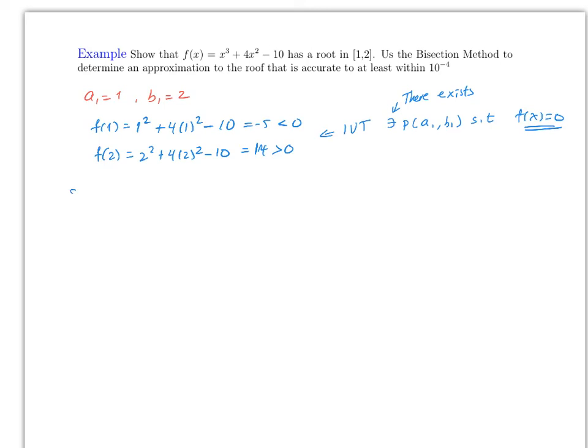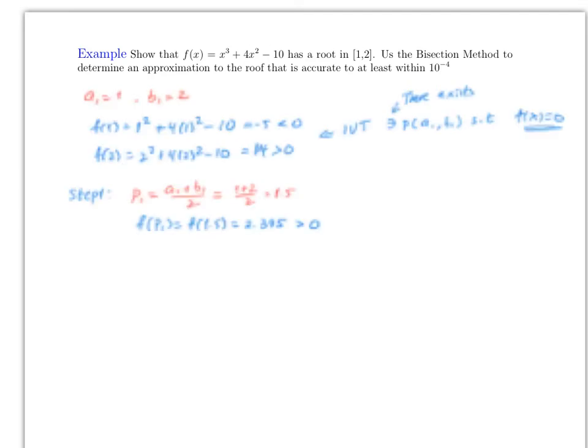All right, so then for step 1, you can say P1 is going to be A1 plus B1 over 2, just like we did in the previous example. So it will be 1 plus 2 over 2, it will give you 1.5. Right, then f of P1, this is f of 1.5, and once you do the whole computation, this is 2.375, which is clearly positive.